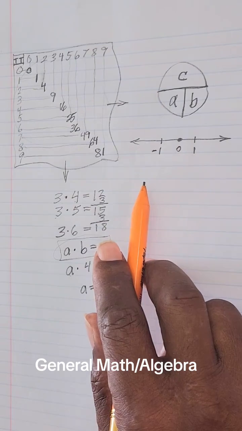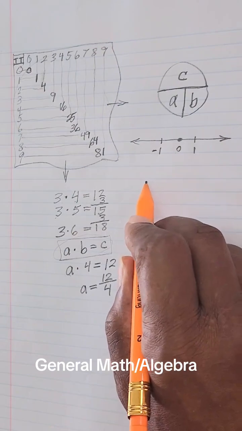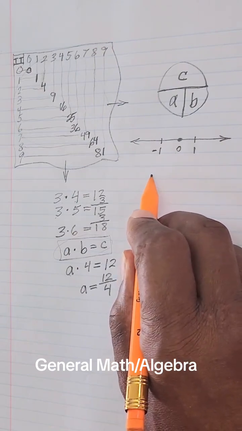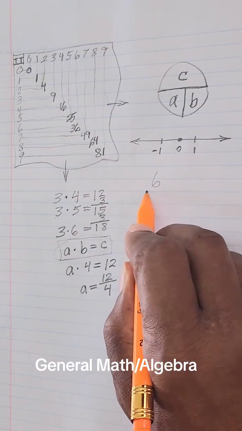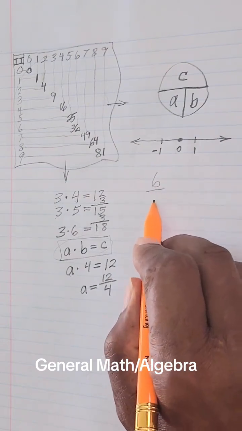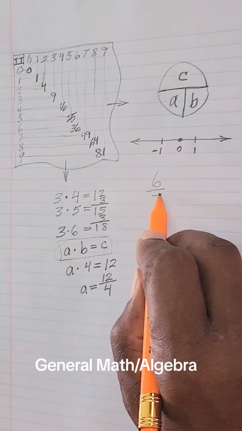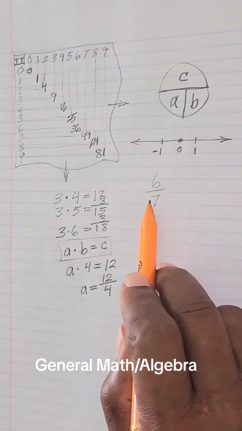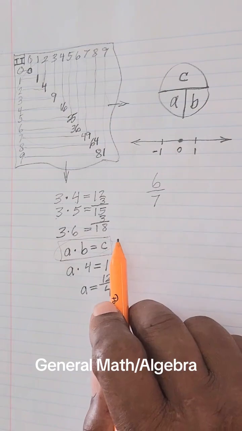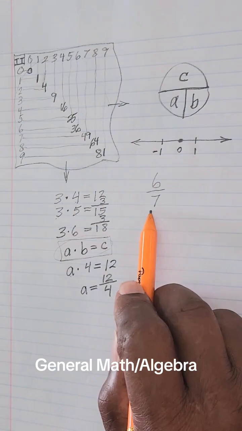For example, if you know something is 6 over 7, you know you cannot reduce this because 7 is prime, right? That's how you know you can't reduce this.